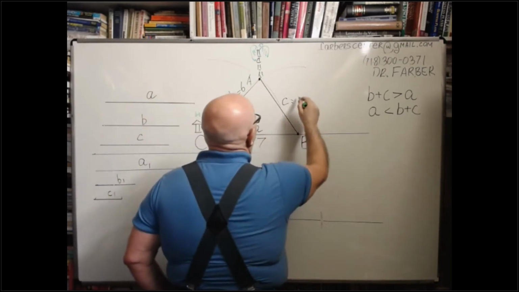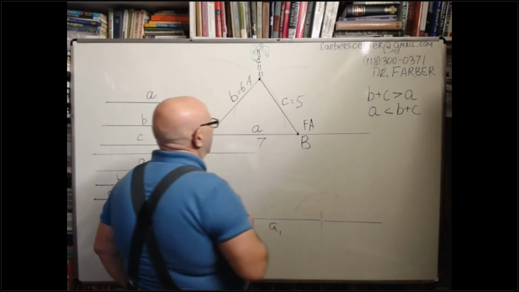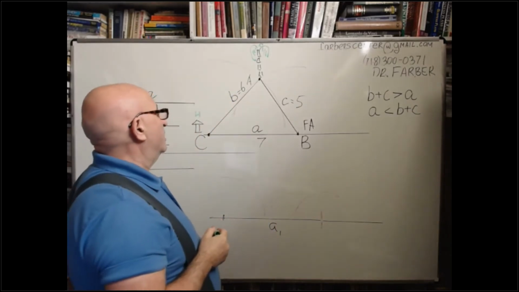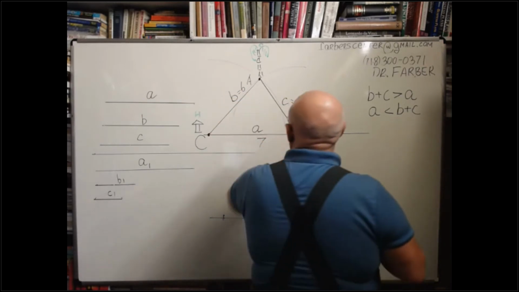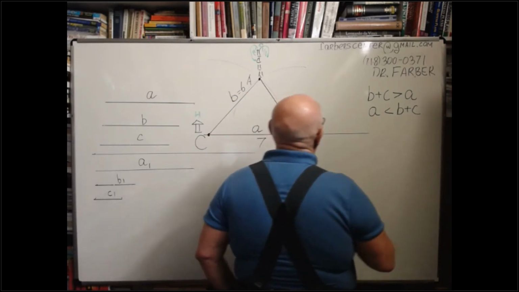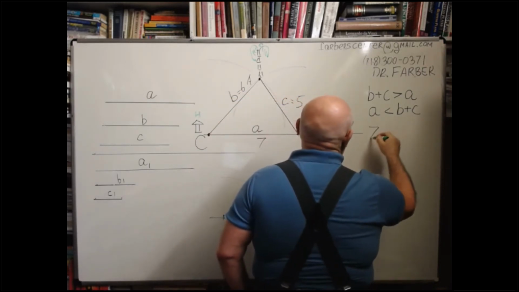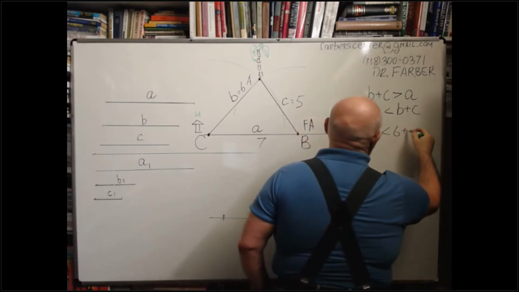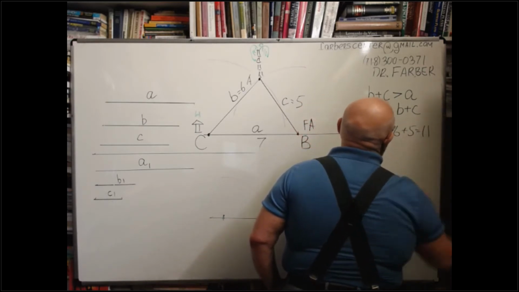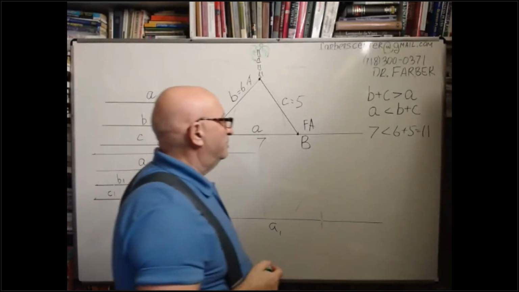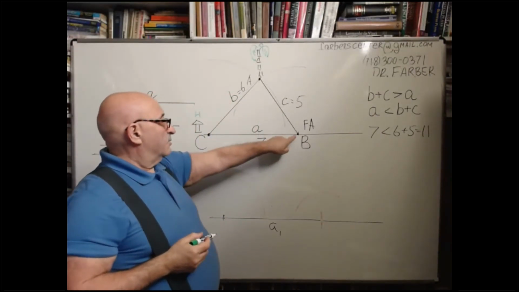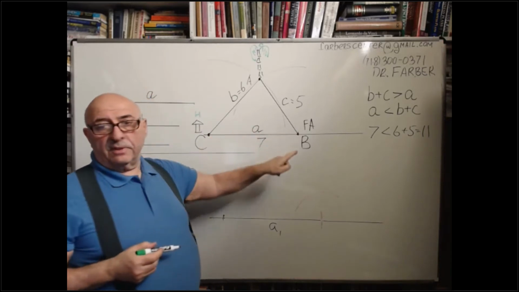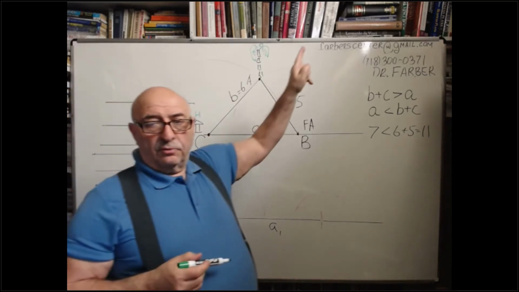This is 6 and 5. Can you build this triangle? Check it. Is 6 plus 5 greater than 7? Or 7 is less than 6 plus 5? Yes. It's like the 7-Eleven problem. You can build it because the distance from your home to the store is shorter than going to Africa and going back.